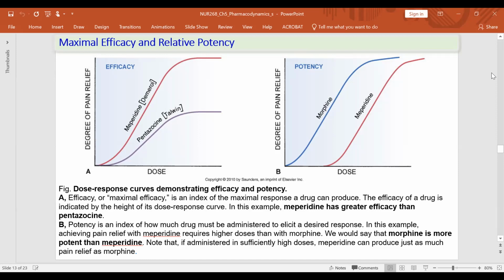So here we can say that morphine is more potent than meperidine, because potency is the index of how much the drug must be administered to elicit the desired response. Potency is not an important quality in a drug.